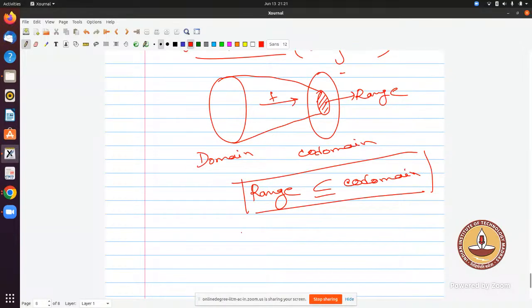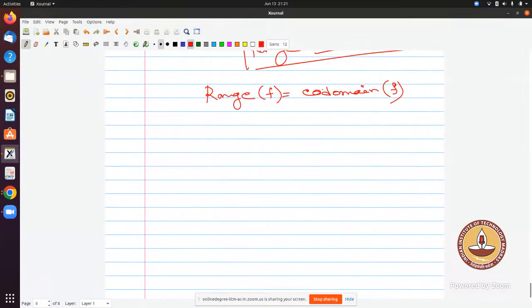We call a function an onto function if range and codomain are the same. What does it mean? Every element of the codomain can be thought of as an output of the function. You can get it as an output of the function. What does it mean? Suppose you take this example.